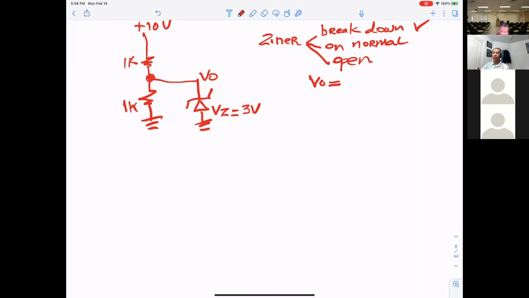This is just a voltage divider: 10 times 1K divided by 1K plus 1K. So basically, the voltage divider gives you 5 volts. And the 5 volts is greater than the 3 volt zener, so the zener will be in breakdown, and Vout will equal 3 volts.